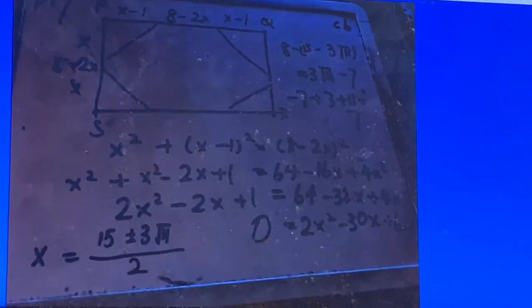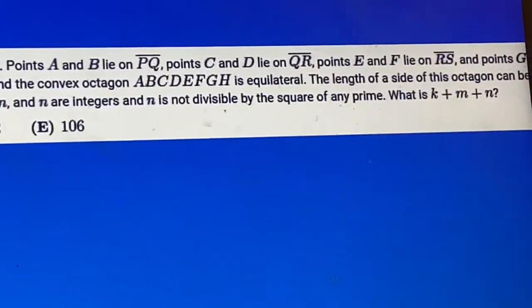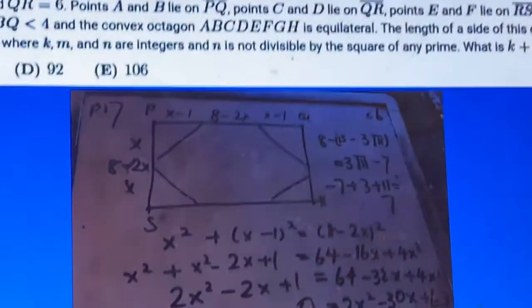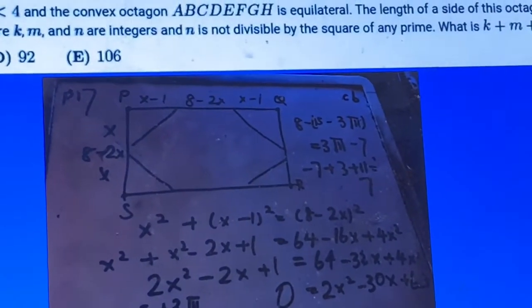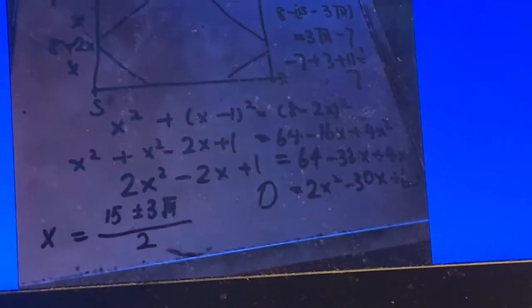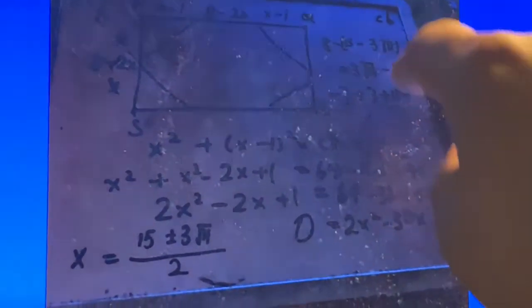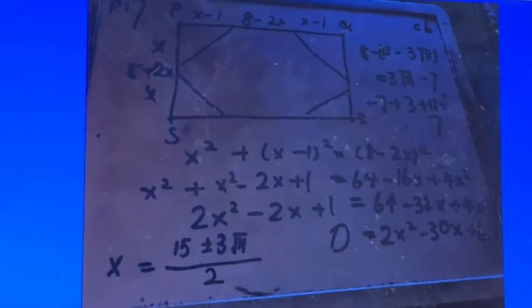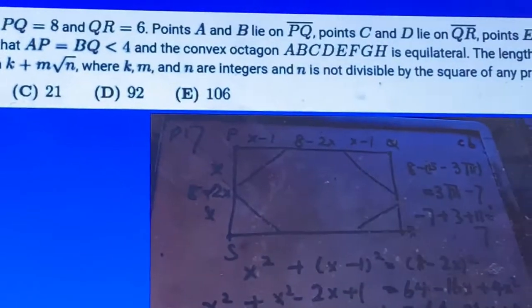Since the problem requires us to find k plus m plus n, and k plus m root n is the length of a side, we need to find 8 minus 2x. Only this will be positive; if this is plus, then it's going to be negative. So therefore, we finally get the answer is going to be 7.